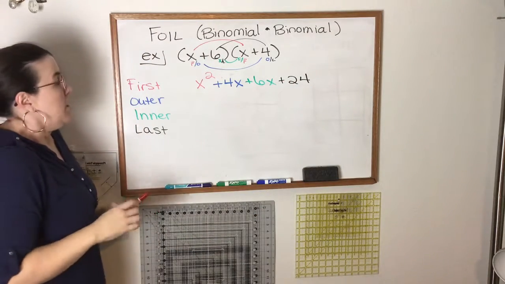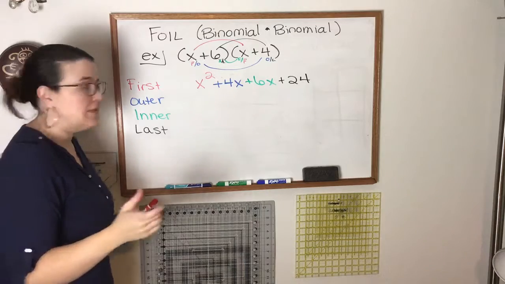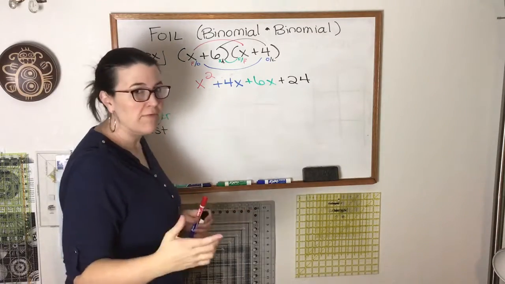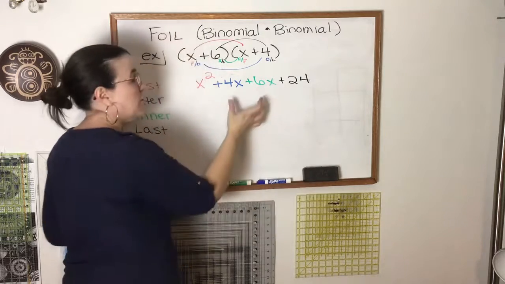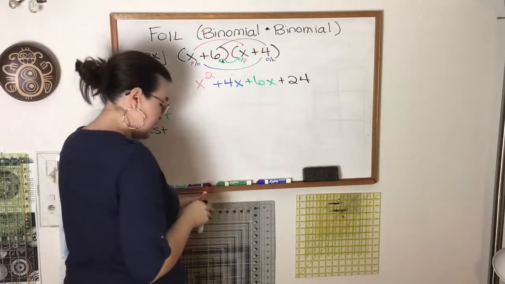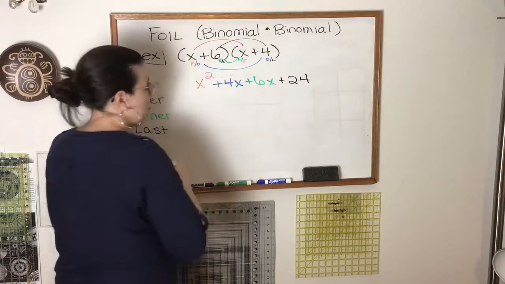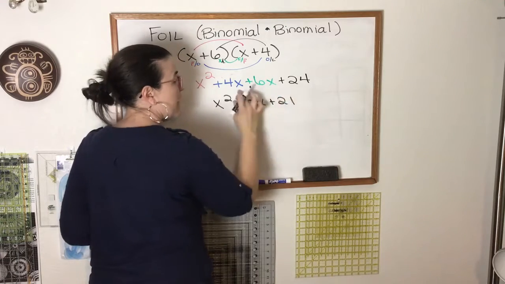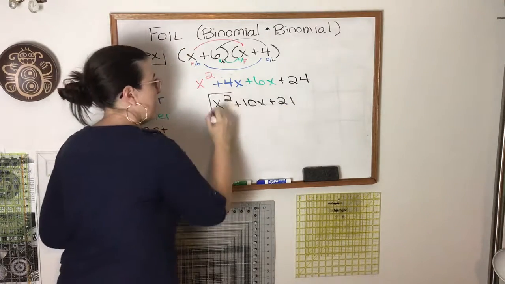Okay. It generally ends up where the middle two terms, the outer and the inner, will add together. And if you remember in factoring, which we'll talk about in our next chapter, there's a relationship, obviously, between this 24 and this 4 and this 6. To finish the problem, then, you just go ahead and you combine the like terms, which are 4x plus 6x, which is 10x.